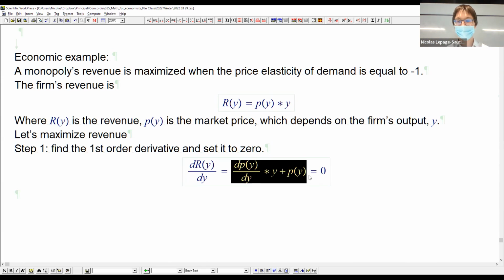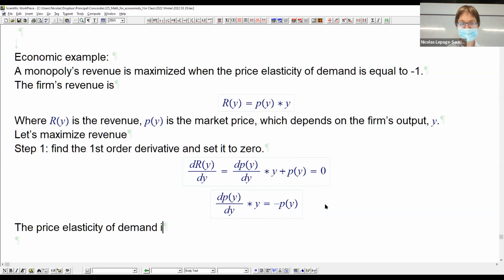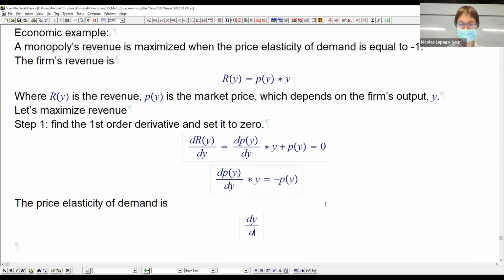So what do I find? I find that this is equal to minus the price. But now, if you remember, the price elasticity of y is dy over y, divided by dp over p.